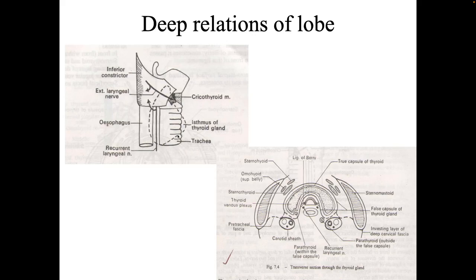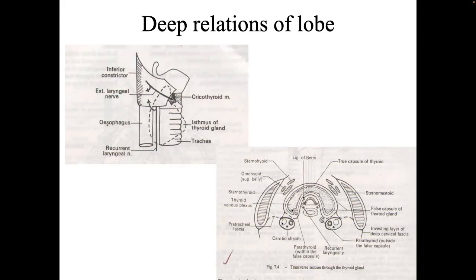Then two nerves, the external laryngeal nerve and the recurrent laryngeal nerve. And posterolaterally, it is related to carotid sheath and its contents.